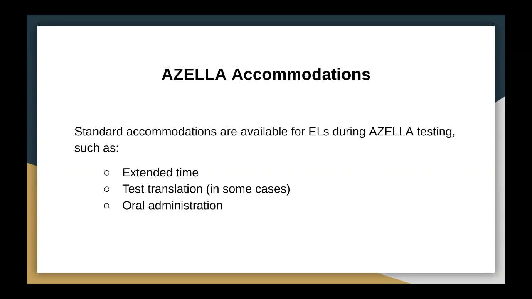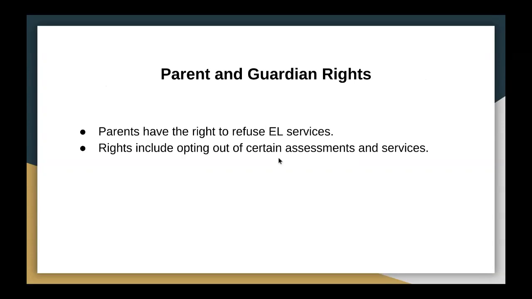And so, moving on, parents and guardians of English learner students in Arizona have certain rights. They can refuse English learner services and, in some cases, opt out of assessments such as the AZELLA.